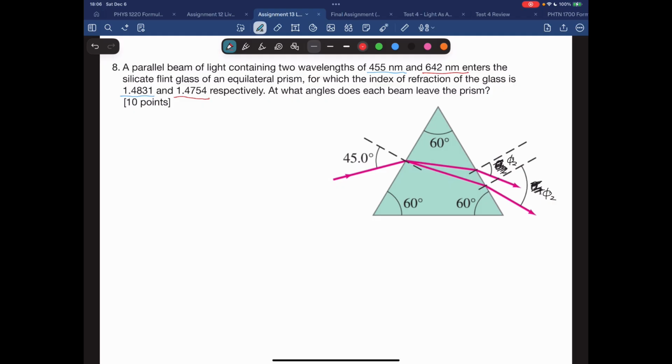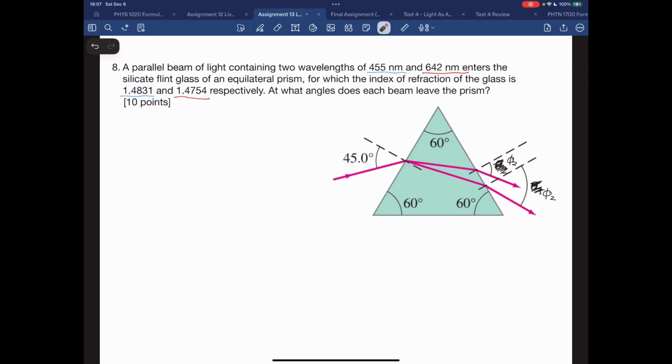Okay, so what are we going to have to do to find these two angles here? Well, let's just look at one of the waves first. Let's look at this bottom one. What are we going to have to do to find this angle? Well, we're going to need Snell's law, and for that we're going to need this other smaller angle on the inside in here. And for that angle, we're going to need to know this angle here.